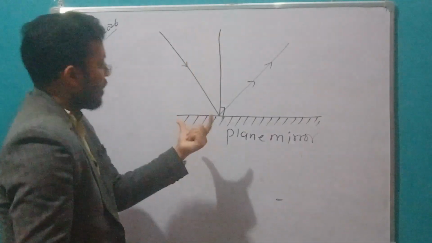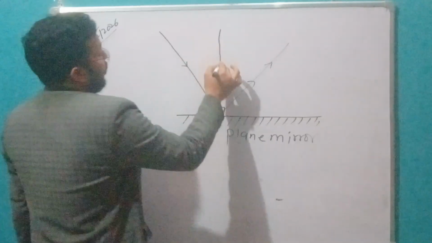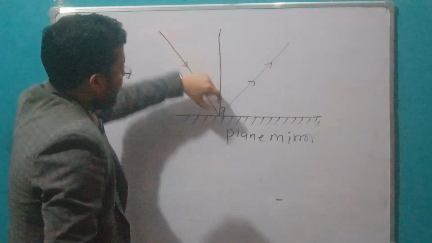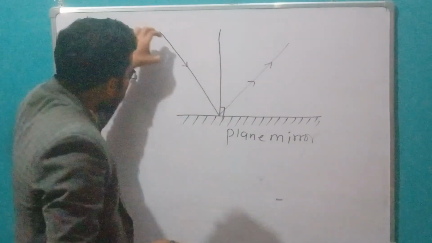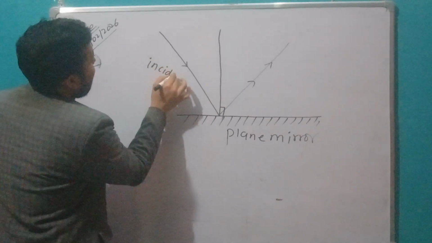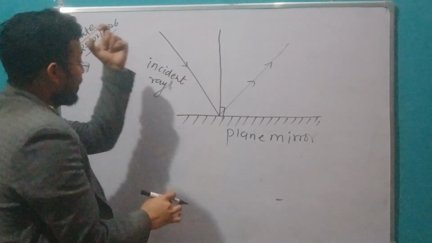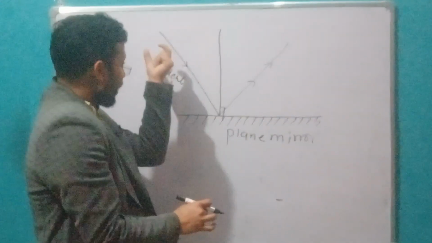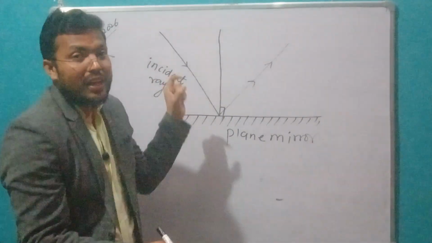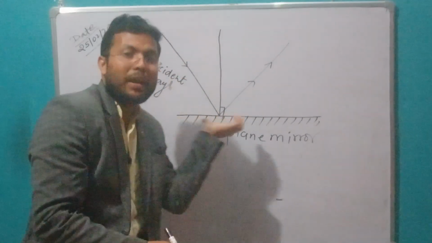Now you see, we give names here. The ray falling on the plane mirror is known as the incident ray. Incident means the incoming ray on the plane mirror.